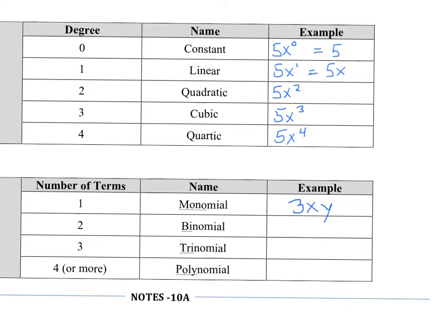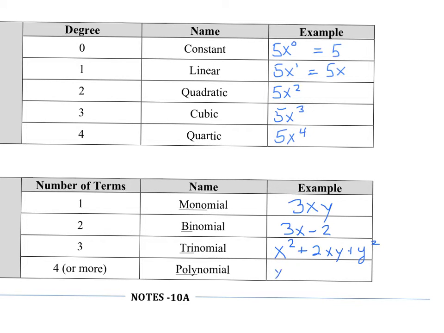Binomial would have 2 terms, maybe something like 3x minus 2. Trinomial, 3 terms, so maybe x squared plus 2xy plus y squared. You can see that I can have multiple variables in any polynomial.